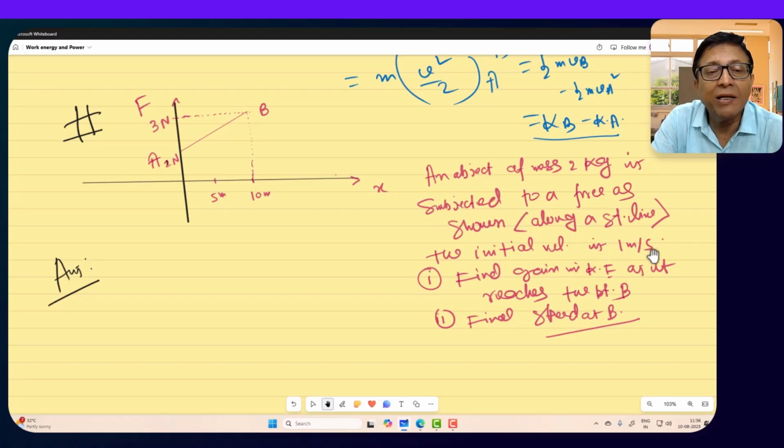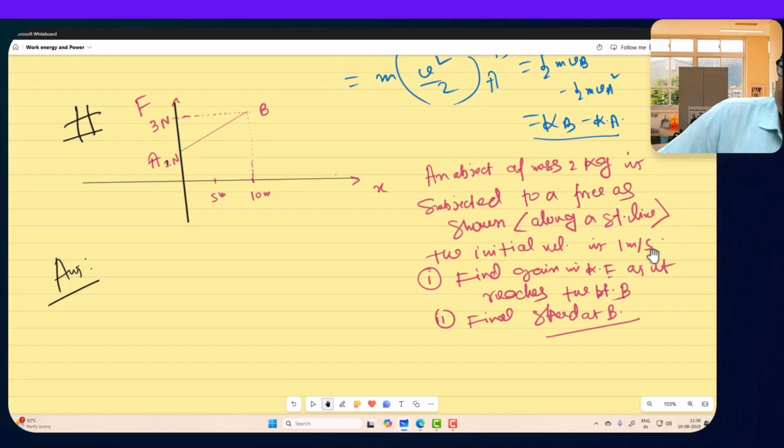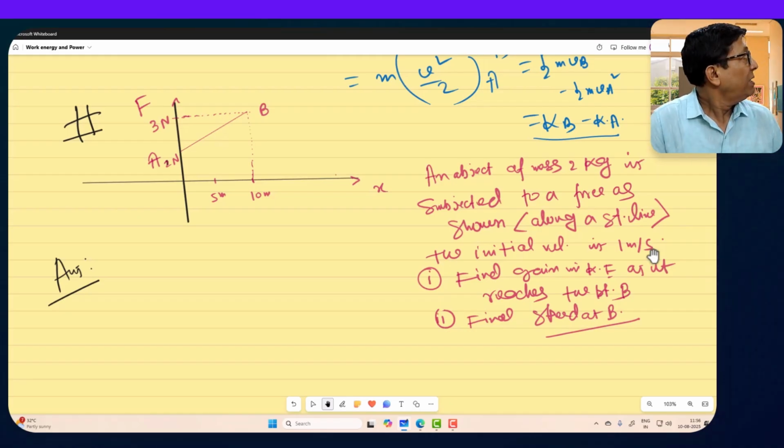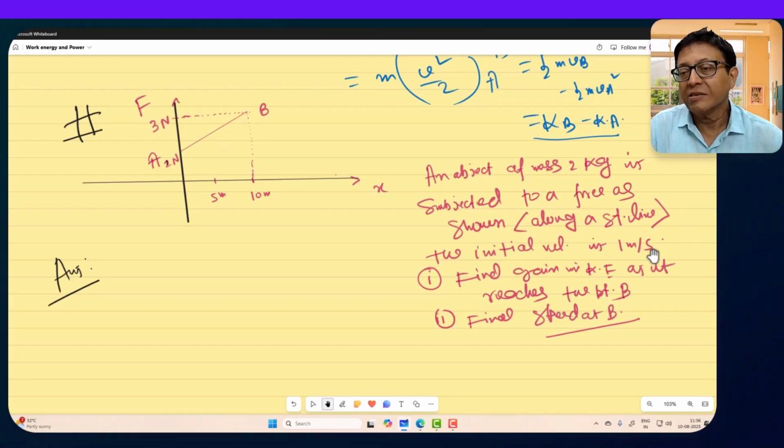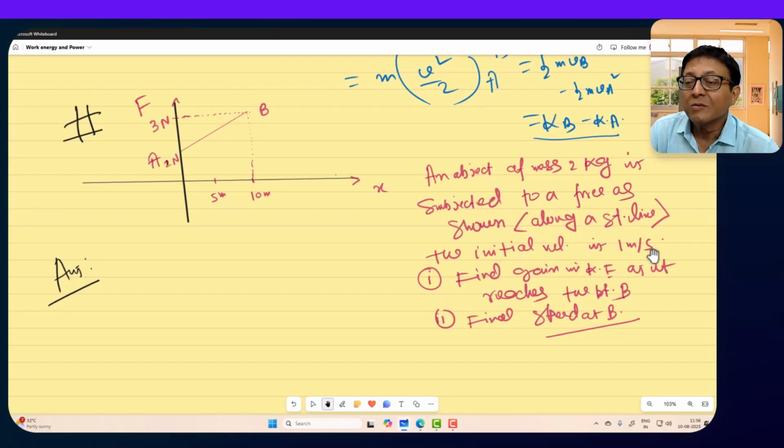Initial velocity of the particle is given as 1 meter per second. Your problem is to find the gain of kinetic energy as it reaches the point B, and the final speed at B. So this is actually an application of all the concepts you have learned today.